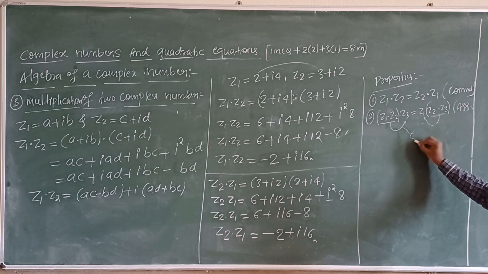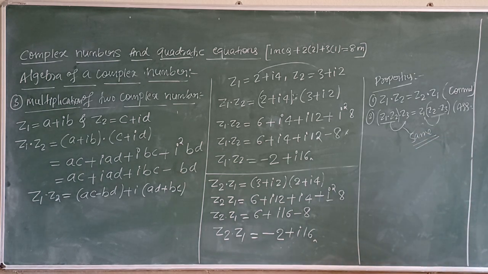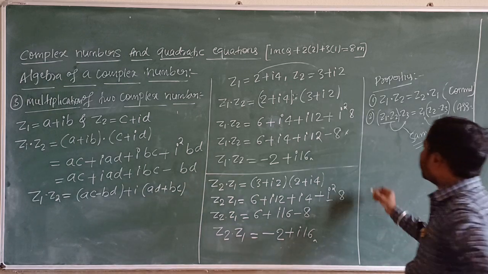Both the answers are the same, 100%. That is, the associative property is satisfied in multiplication of complex numbers, right?